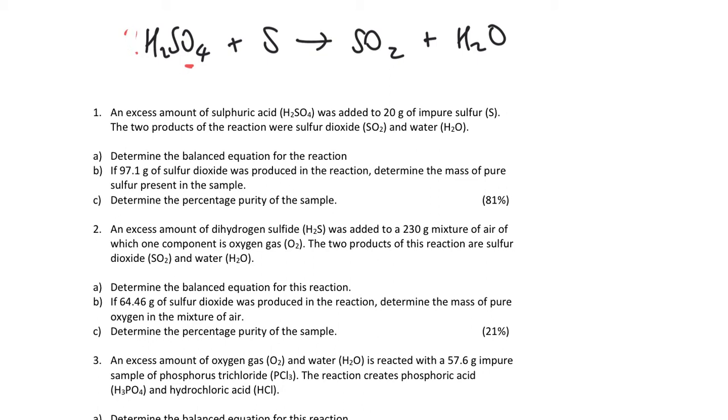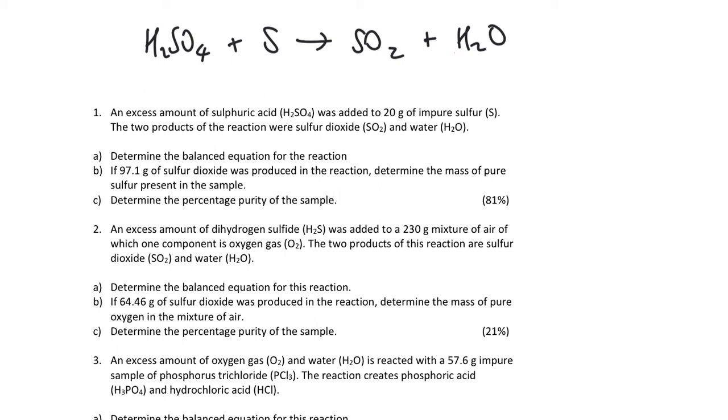This coefficient over here, this H2O, therefore, has to be an even or an odd number? An even. Why? Because it has to be a multiple of 4, and so it must be an even number. You know it can't be a 1 because you can't easily balance it with a 1 anyway.